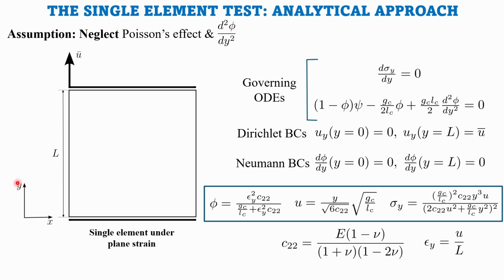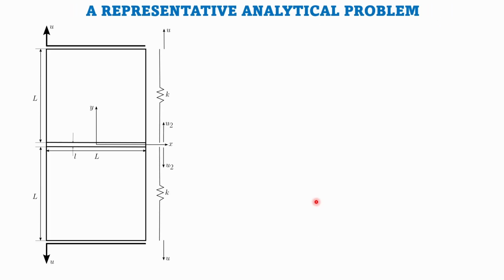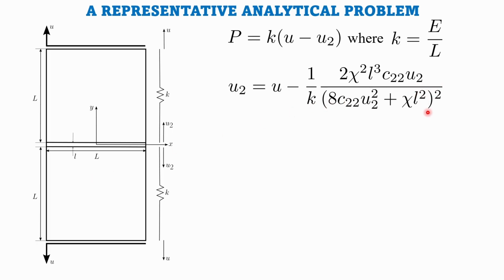So this y will be an integration from 0 to L. But in this scenario, we are considering the deformable layer as only this smaller layer. That's why your y will be from minus L to plus L. Sorry, it will be from minus L by 2 to plus L by 2. That's why we have this small l in this expression and not capital L, because capital L we already know.